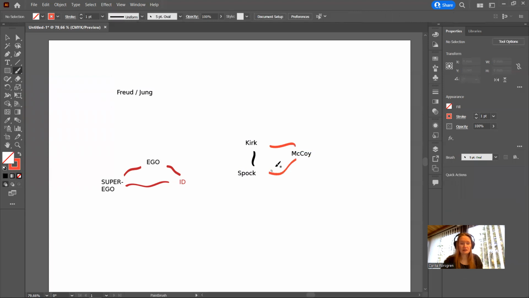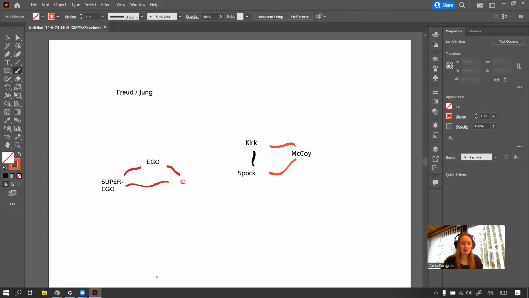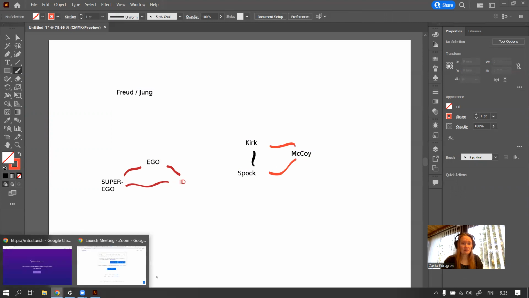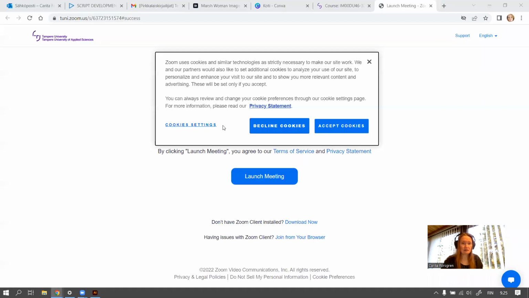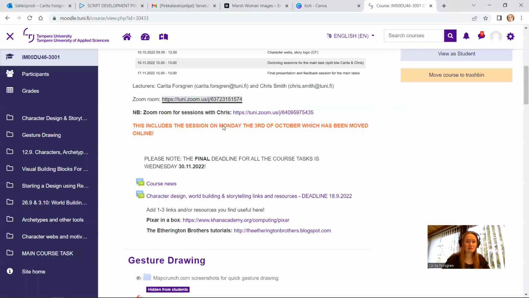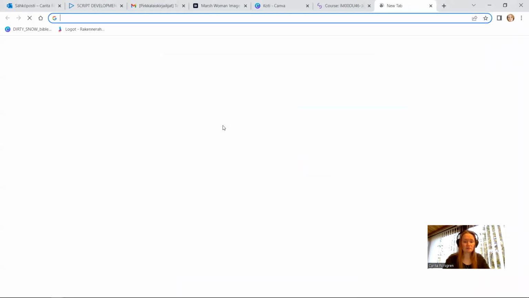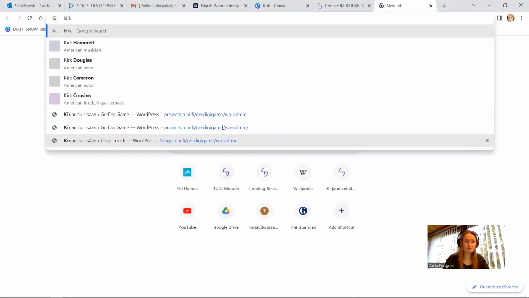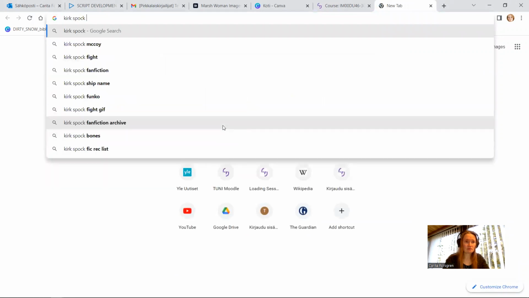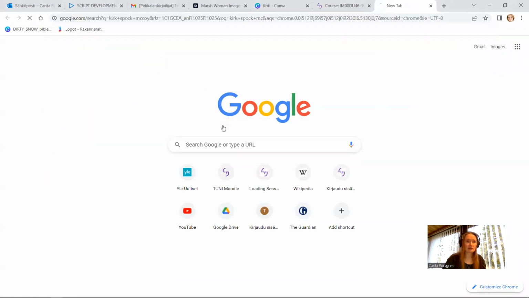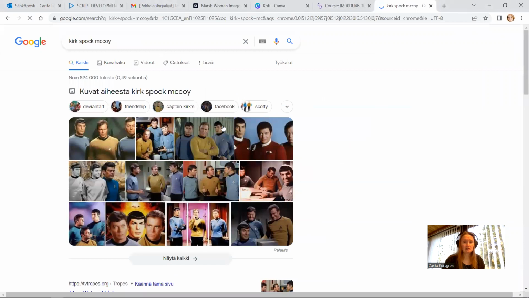So let's see some images of them. Kirk, Spock, and McCoy. There we go.